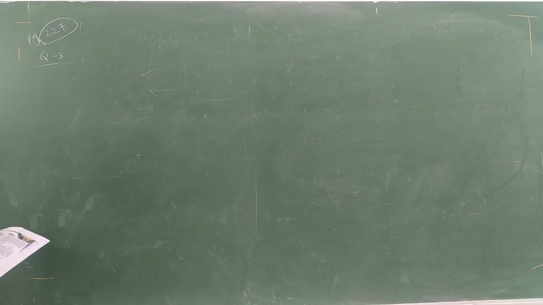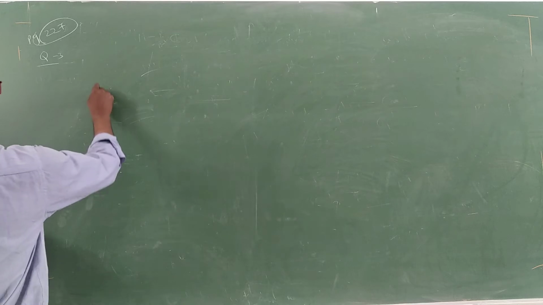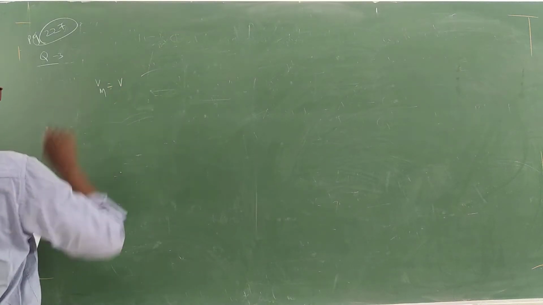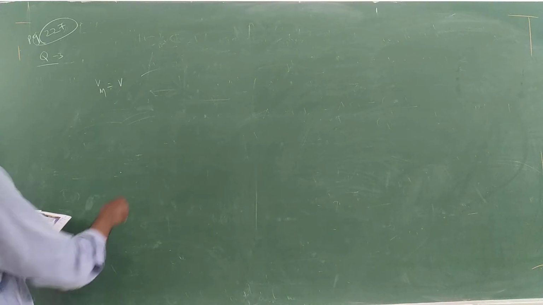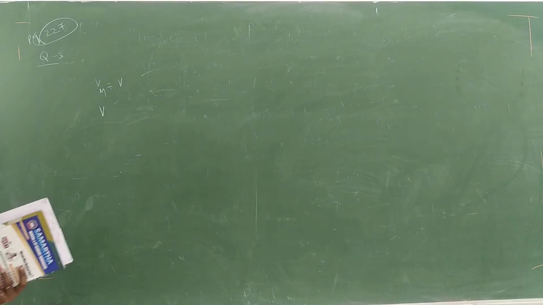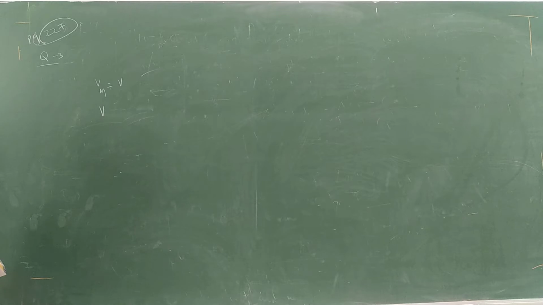Let's see the next, third question. For a man running at a speed of v, the velocity of man is equal to v. Wind appears to have a velocity v. Wind appears. So that means the relative velocity of wind with respect to the man, that is what is appearing to the person.